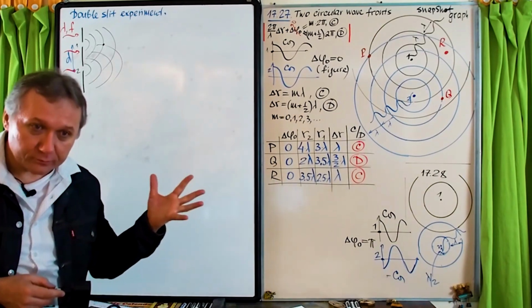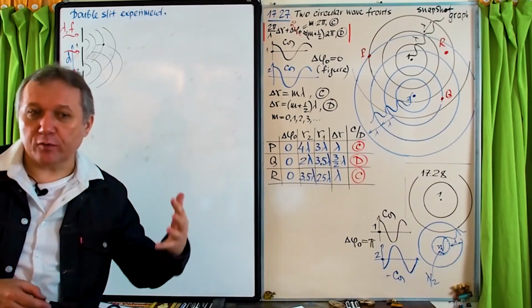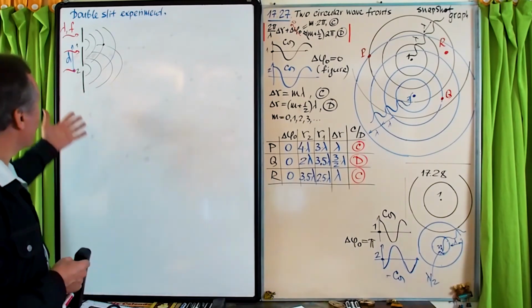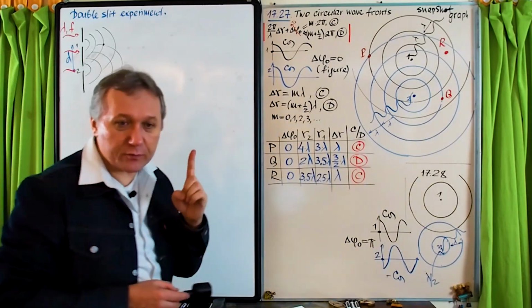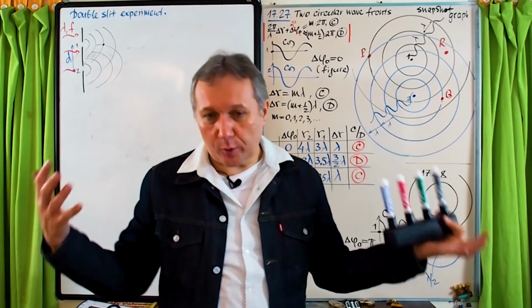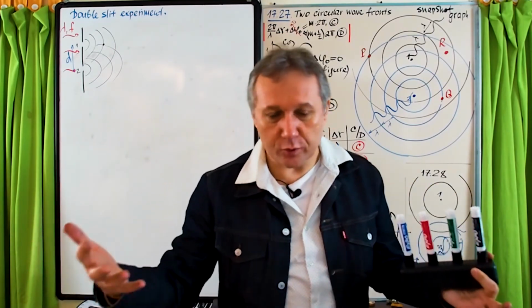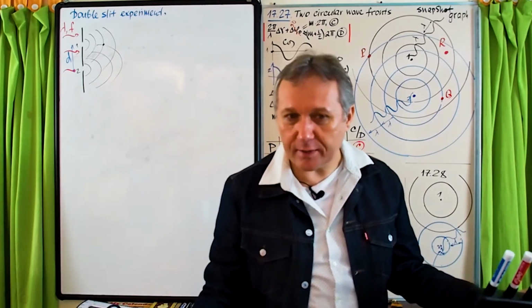But from the practical point of view, from the point of view of an engineer or experimentalist, this system can be used, for example, theoretically in a spectrometer, to measure the wavelength of an unknown source, for example, an unknown laser.